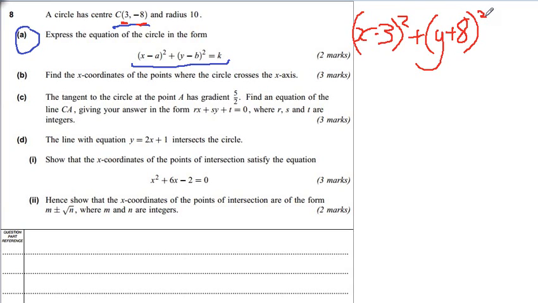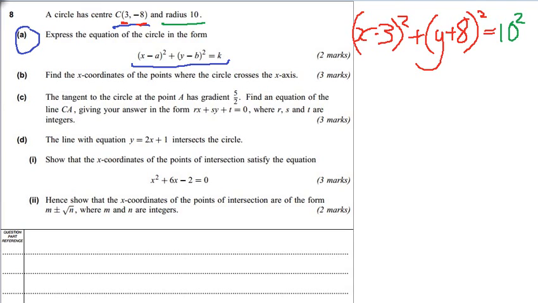Never forget the squared. And the trick here, which you may already know about, you may not: radius 10, 10 is not k there. It's very easy to think, oh, I'll just put 10 in there. It isn't that, it's 10 squared.